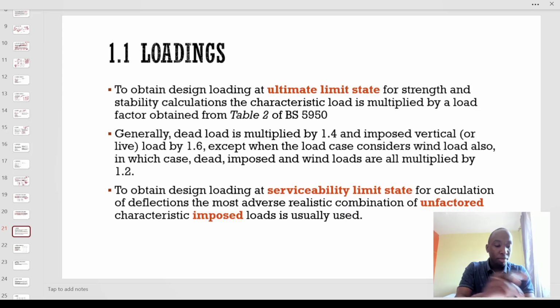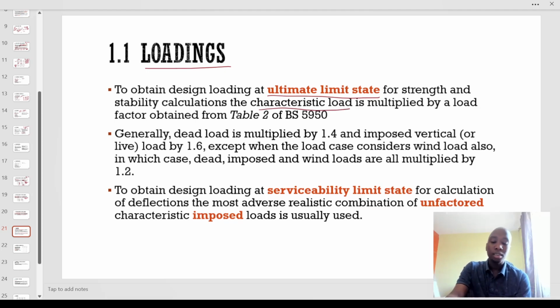I'd also love to introduce steel design by talking about loadings, which we had already talked about. To obtain design loading at ultimate limit state for strength and stability calculations, the characteristic load, that is the actual load, is multiplied by a load factor obtained in table 2, which we saw.